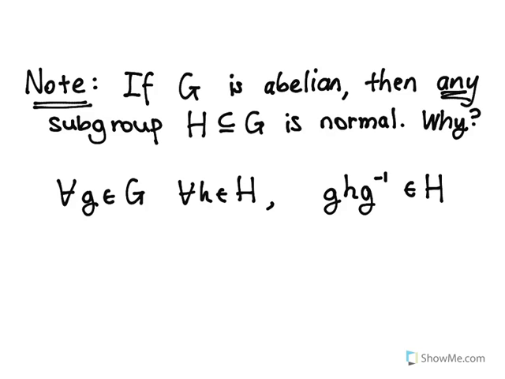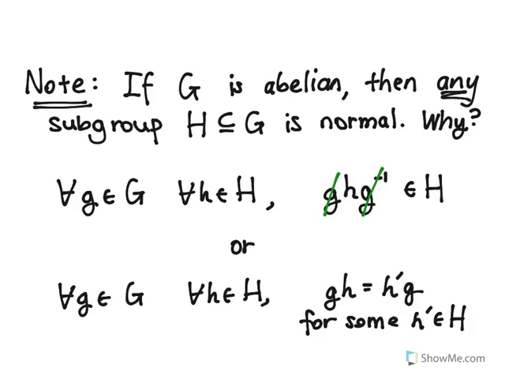Well, the original definition of what it meant to be normal said for all g in the group G and for all h in the subgroup H, g h g inverse should be an element of the subgroup H. And if I'm assuming that G is abelian, then that's true because I can rearrange things so that the g and the g inverse cancel with each other. So then I'll just be left with h, which sure enough is inside of the subgroup capital H.